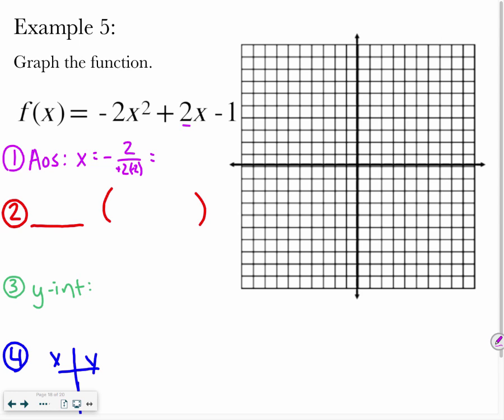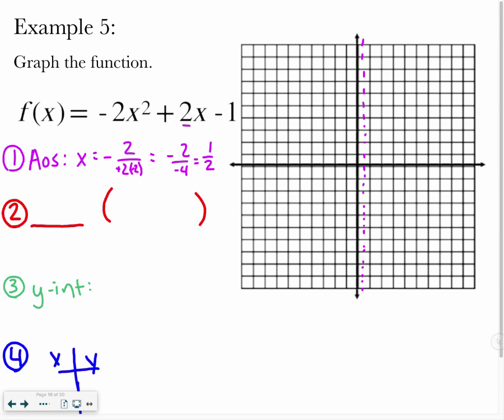Either way, we get the same thing. So we have a negative 2 over negative 4, or a positive 1/2. And so I know I have an axis of symmetry at positive 1/2. So I'm going to do just a dashed line because I know this is going to cut my graph in half.